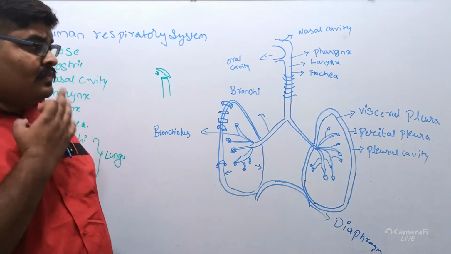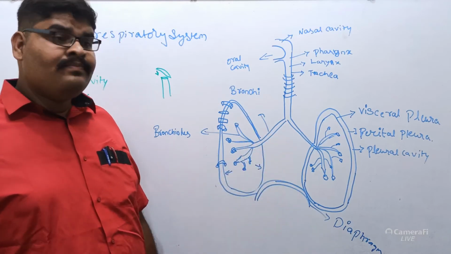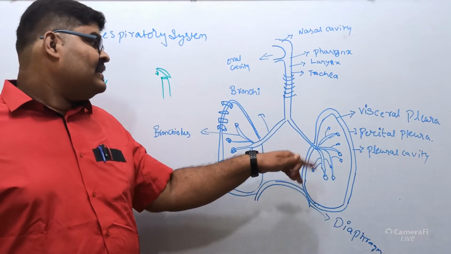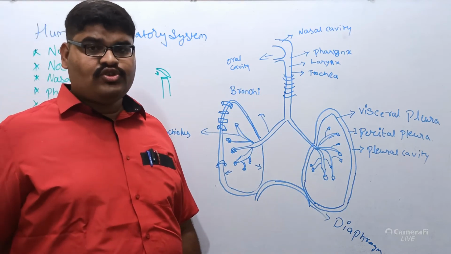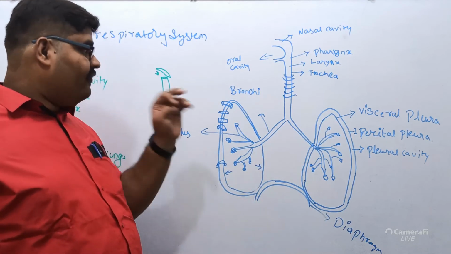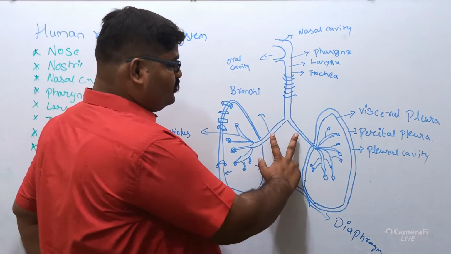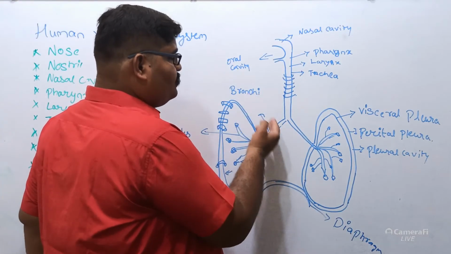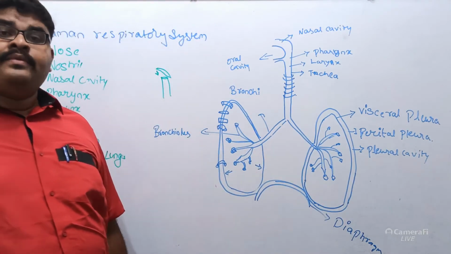Then the trachea is going to split apart, or branch, into two structures, and those two structures enter our lungs. Those two branches of the trachea are called bronchi.